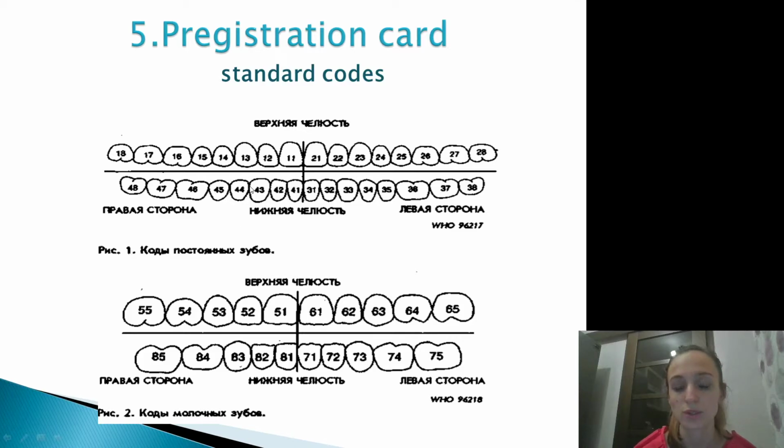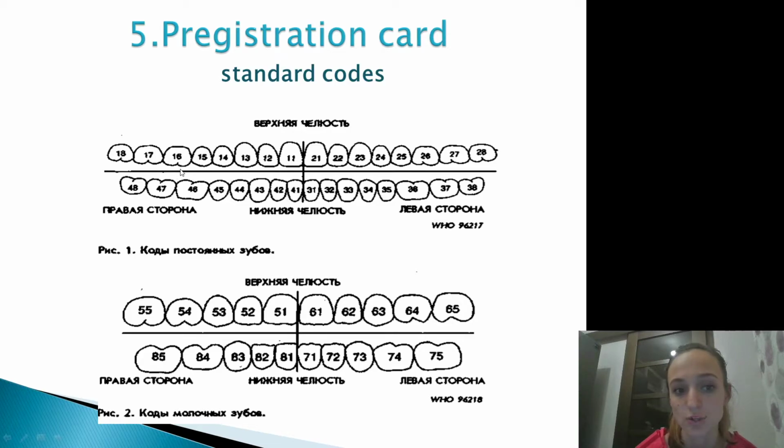When you're doing a dental examination with your patient, you should write in the card this information about teeth, about dental diseases, and the number of teeth that you can treat. For example, you should treat tooth number 1 and 6.